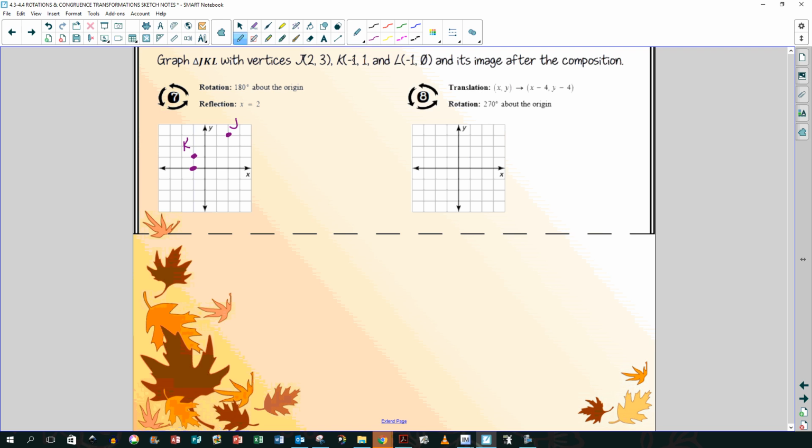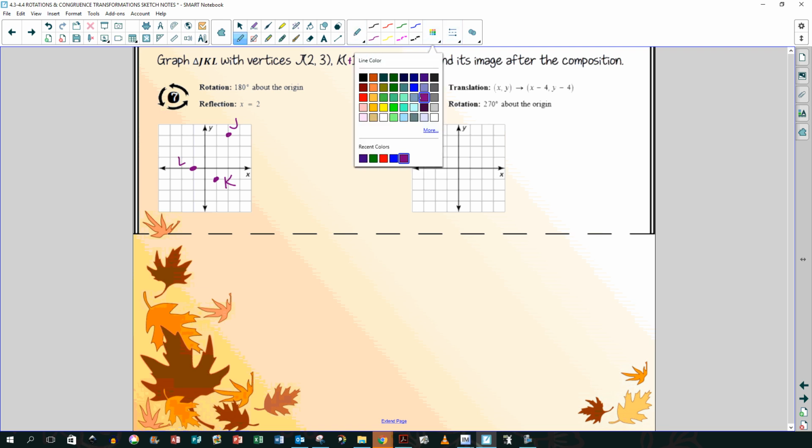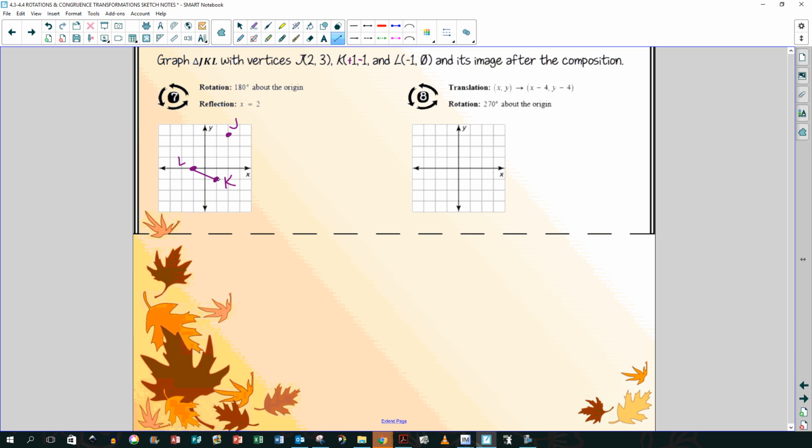I think this should be +1, -1. So let's flip that. So +1, -1. So here is my K. So let's erase that. I like this way better. And this is L. Otherwise, we have this really, really strange triangle. All right, so now let's draw it. So there's JK, KJ, JL.